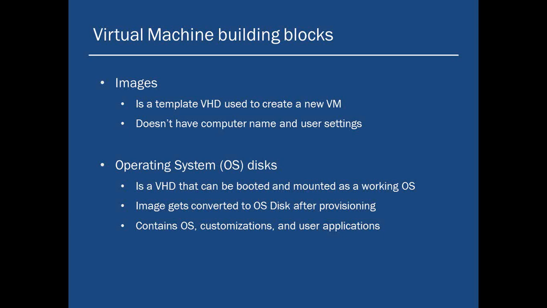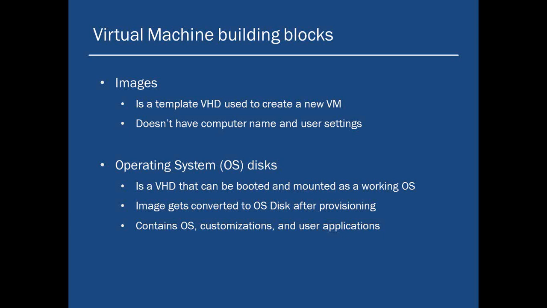So when you start creating a new VM, obviously you may want to use a specific template. The template will either be a Windows Server 2008-2012 template, or it can be a Linux template. The template that you use to create a virtual machine is called an image.